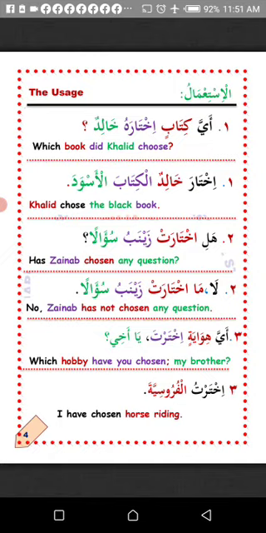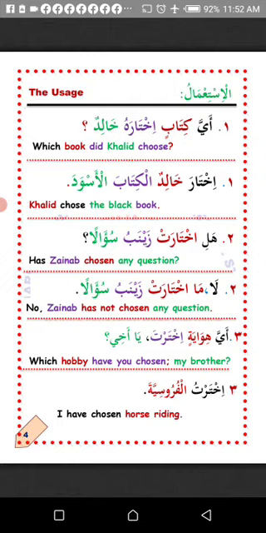Noun usage. Number 1. أي كتاب اختاره خالد. Which book has Khalid chosen? There are two ways of saying this. Number 1, you can read it this way: أي كتاب اختاره خالد.